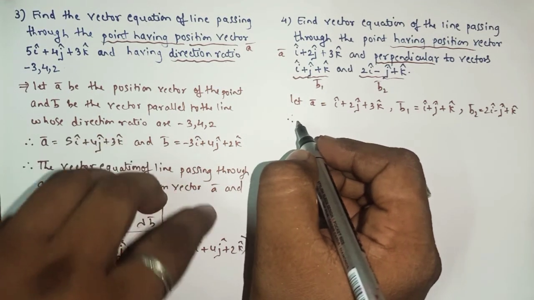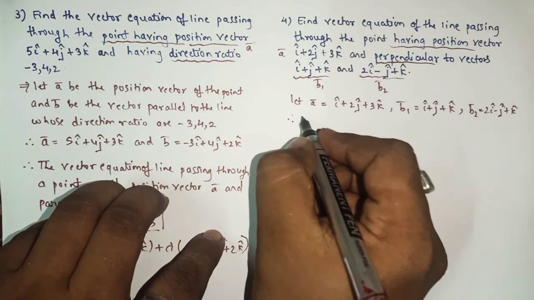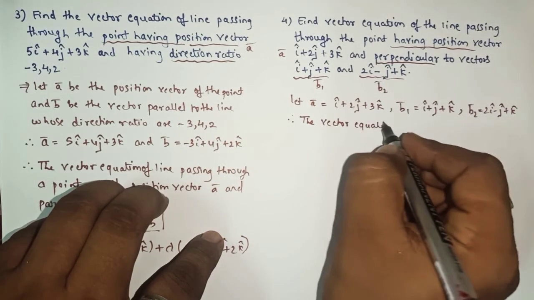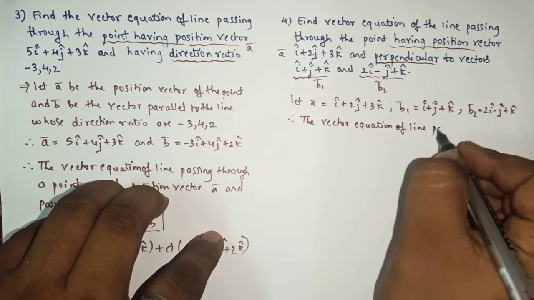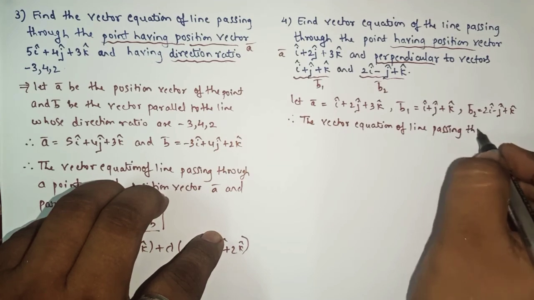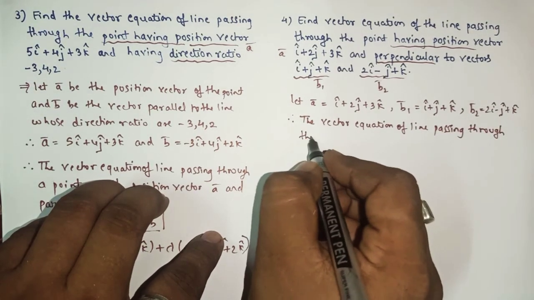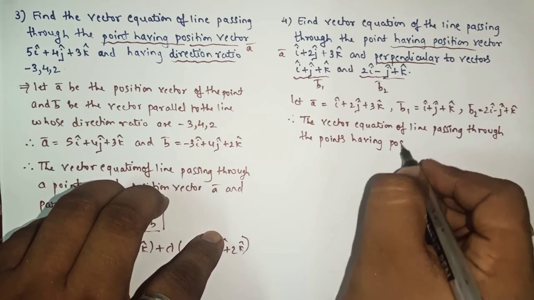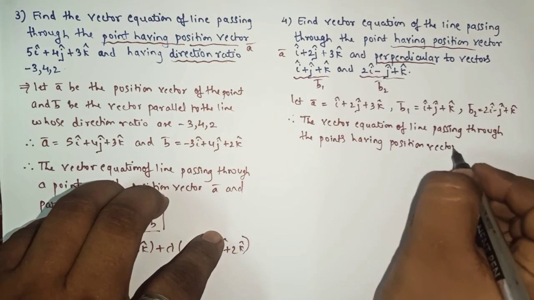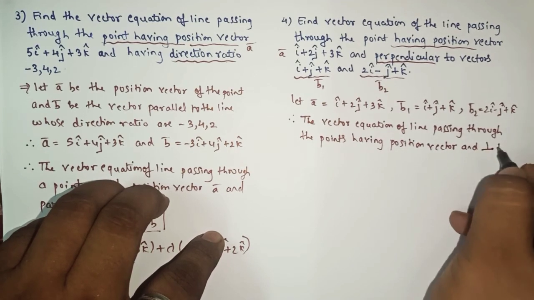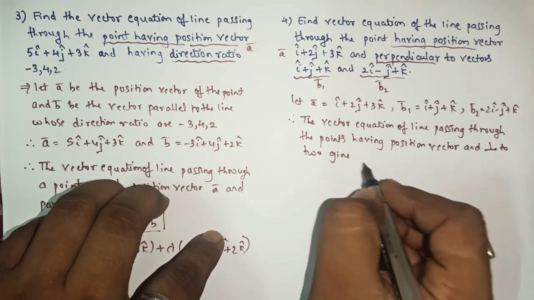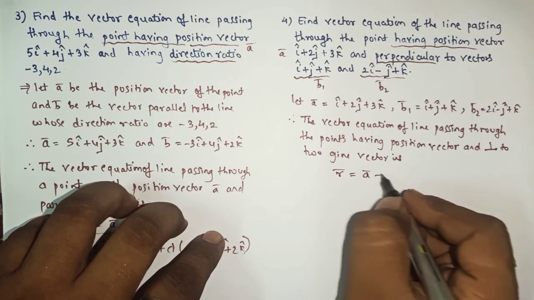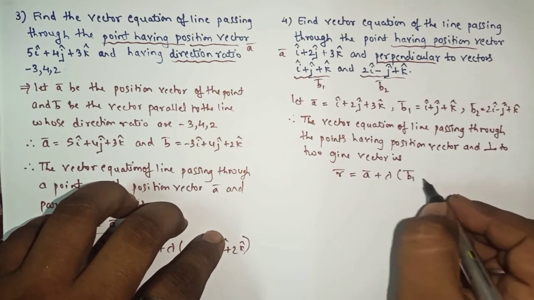Therefore, the vector equation of the line passing through the point having the position vector and perpendicular to the two given vectors is r bar equals a bar plus lambda b1 cross b2.